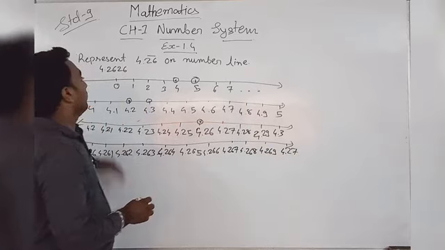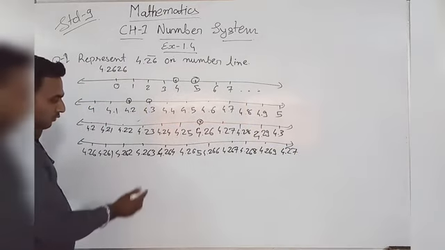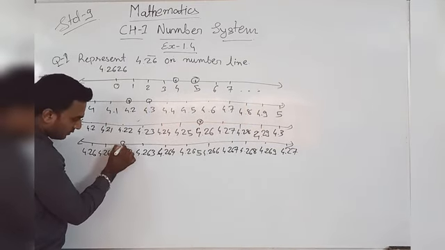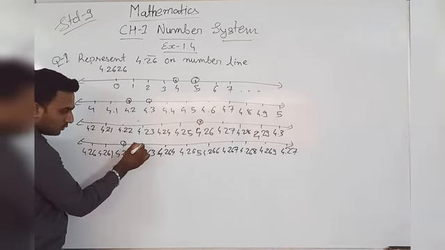Now again see 4.262. 4.262 is here. So this number is between these two.